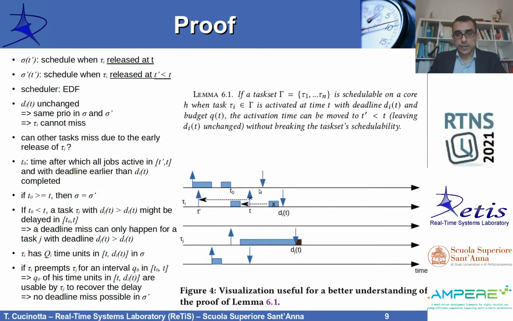If T0 is lower than t instead, as shown in this picture, then we might have a third task, a tau j task, which has a deadline greater than d_i(t), as shown here in the picture, and this task might have been delayed in the time window going from t prime to t, actually from T0 to t.